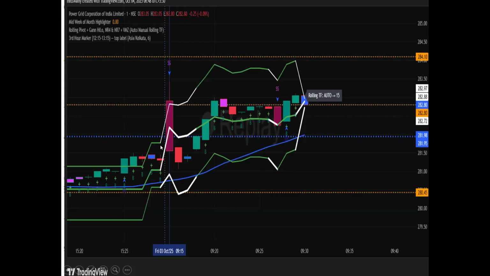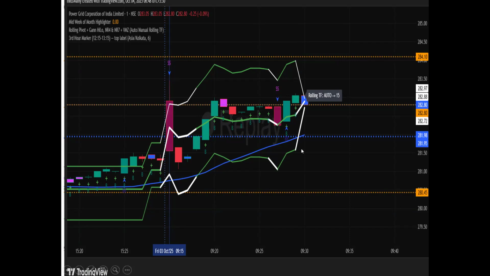Here, I've taken an intraday time frame to show you how the price moved, and it was in an uptrend. You can see it is an uptrend, Power Grid stock. From 9:15, I've taken a screenshot for your sake, and exactly around 10:15 they are converging with their rolling pivot.